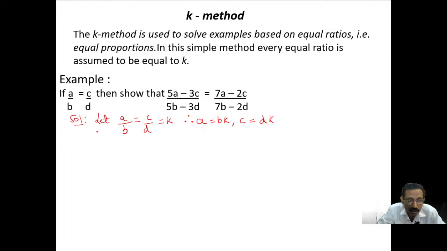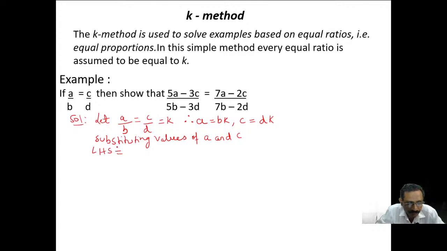So substituting values of A and C on both sides, we'll take the LHS first. What is given to us in the LHS?